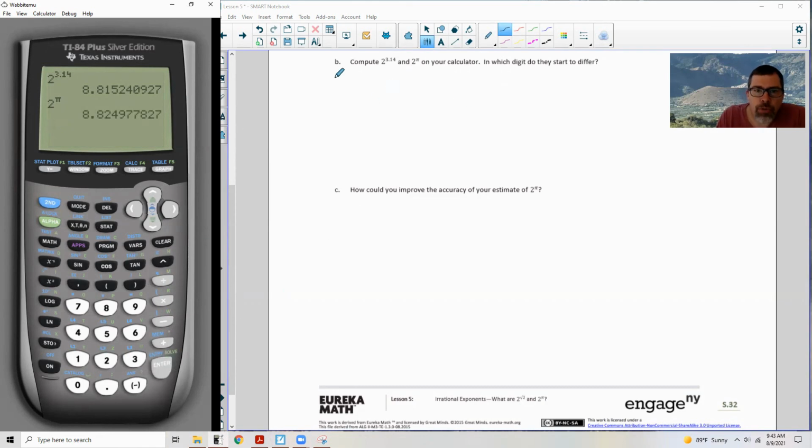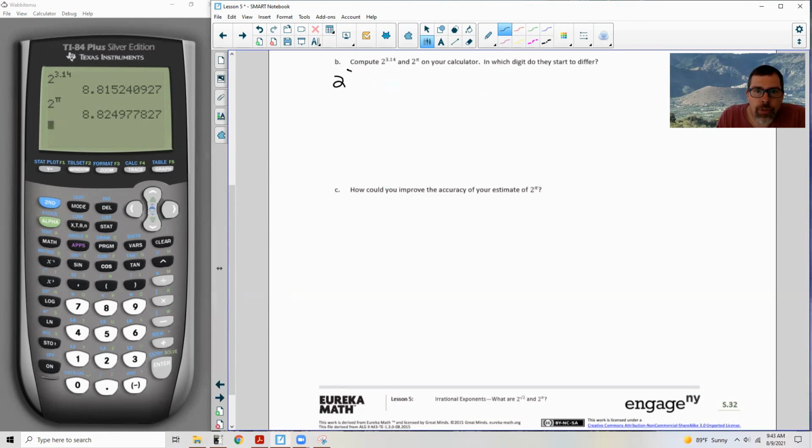Okay, so I'd say 2 to the 3.14 equals 8.8152400927. And since I said equals, I'll just show that it continues forever.